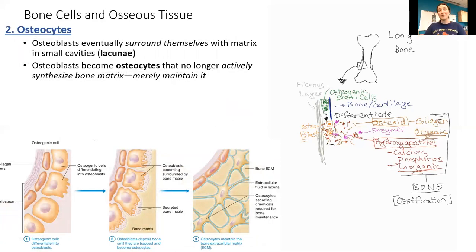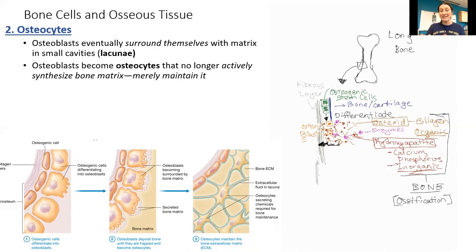osteoblasts are responsible for, of course, secreting the osteoid, the organic component, and facilitating the formation of salt crystals, the inorganic component, onto our bone. Now, osteoblasts are just so good at what they do that they actually get trapped in the very bony matrix that they're making.